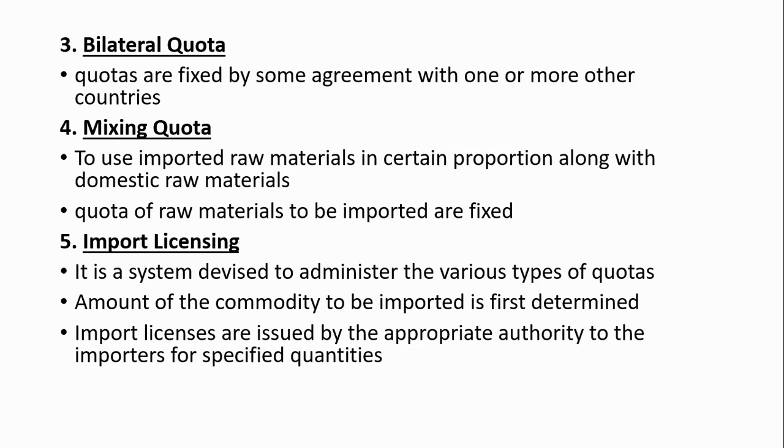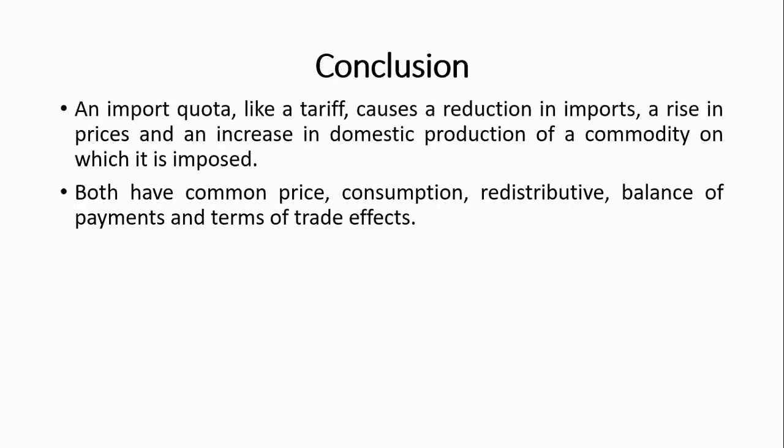All these practices tend to increase the price of the commodity. Then it may lead to the creation of monopoly in imports because only established firms are issued licenses. Then whenever there is a practice of issuing licenses, that will encourage political favoritism and bureaucratic corruptions.